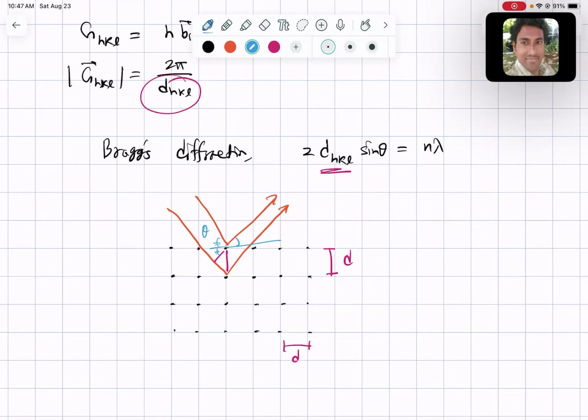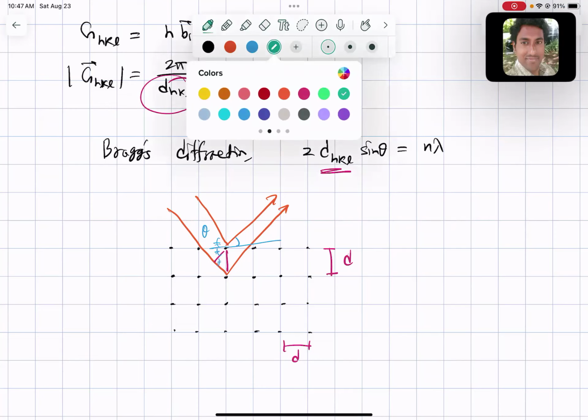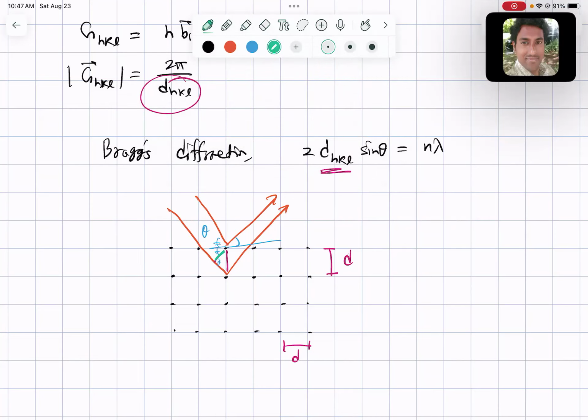If that's theta, then this is also theta. These are two parallel lines, so this is also theta, right? That means this line here is d sine theta, and we can also have some d sine theta here. So what's happening?